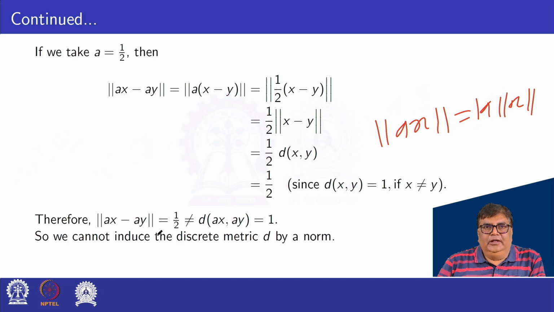Therefore norm ax minus ay is equal to half, which is not equal to 1, that is not equal to d(ax, ay). So we cannot induce the discrete metric d by a norm.